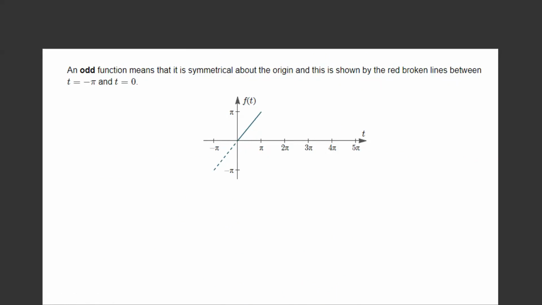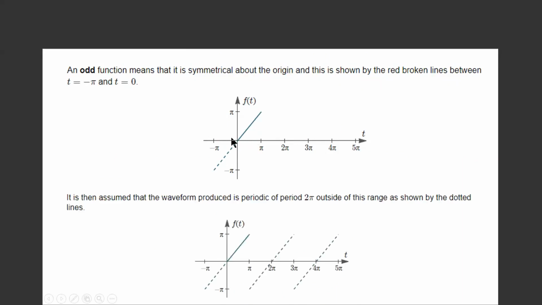Now this is my period, because I completed the other half: from minus pi to pi, so my period will be 2 pi, and this graph will be repeated each 2 pi. In this case it will be an odd function, so a naught will be 0, an will be 0, and you only need to find bn. So your Fourier series will have only the sine part.